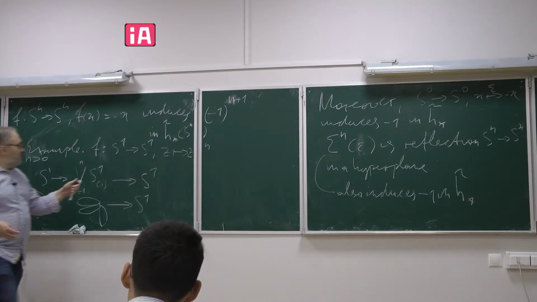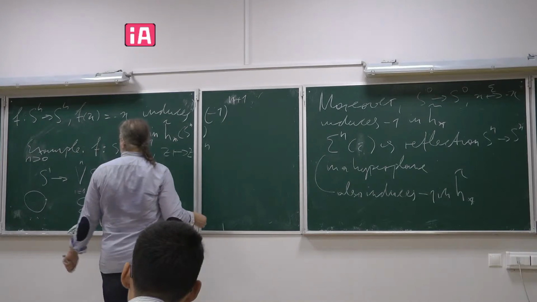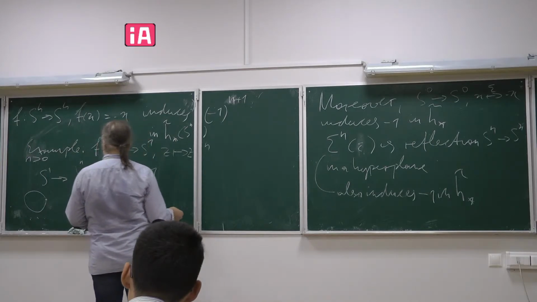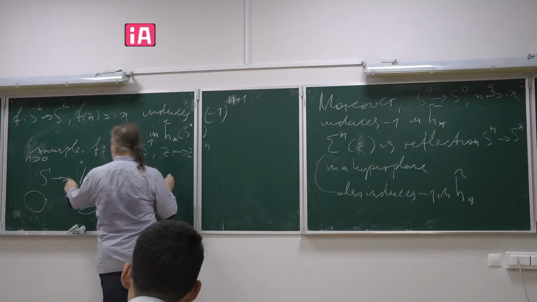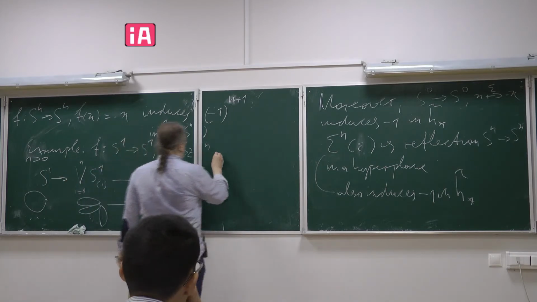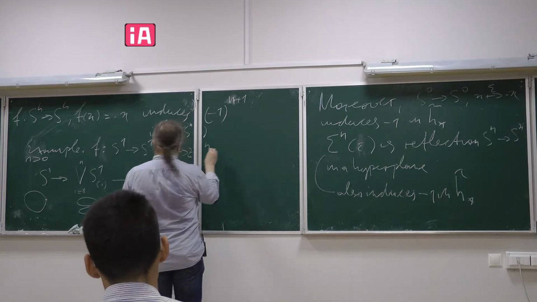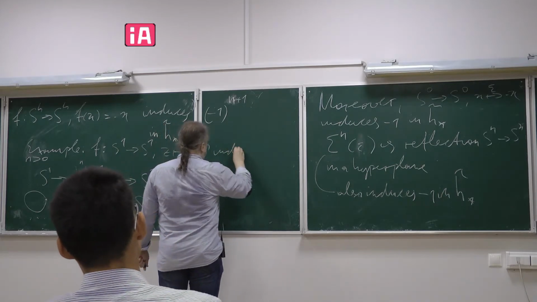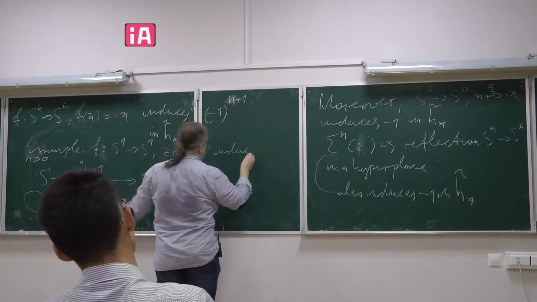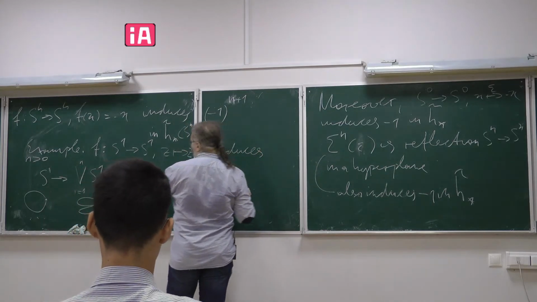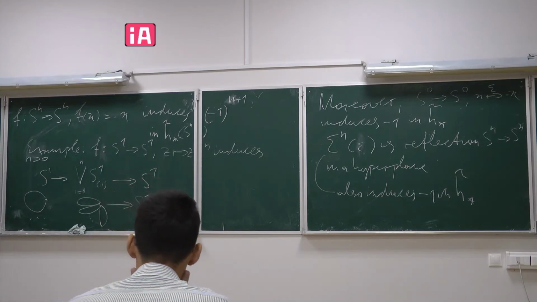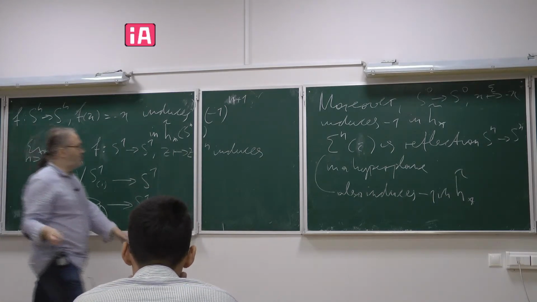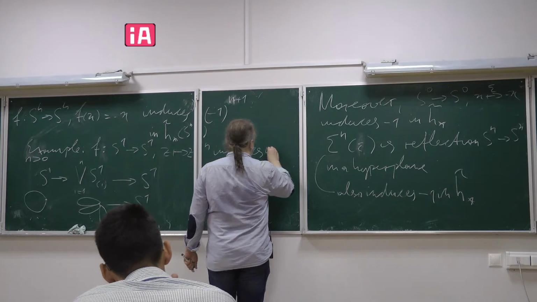My claim is if n is greater than 0, then the map is multiplication by n. In fact, the same applies to n negative.